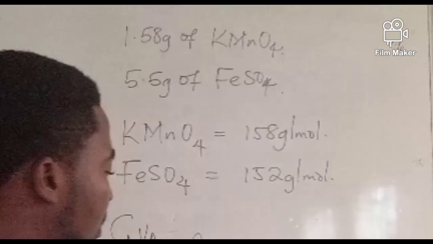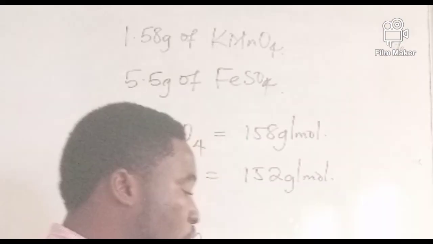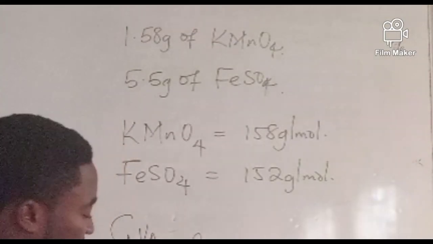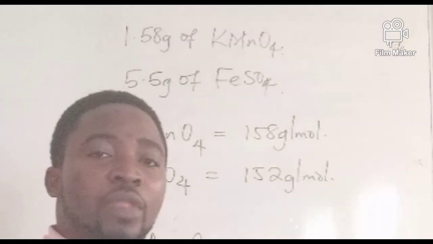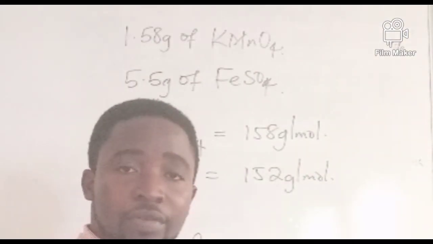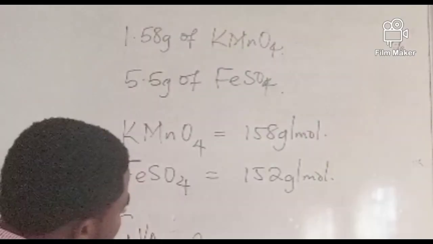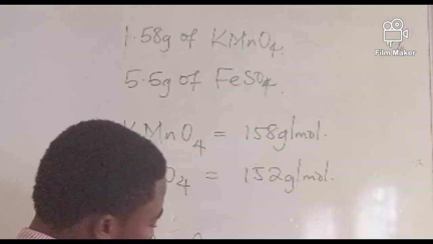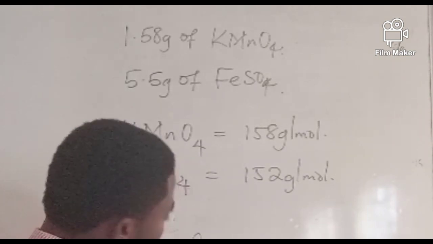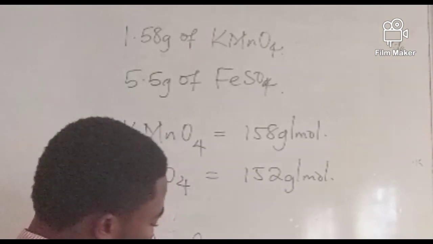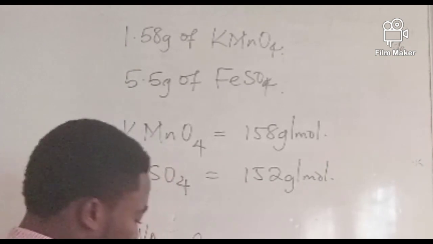Okay, now having gotten 0.01 moles per dm cube, we're going to do the same thing for the CB, which is the concentration of the reducing agent. CB is 5.5 divided by the molar mass of the iron 2 sulfate, which is 152.